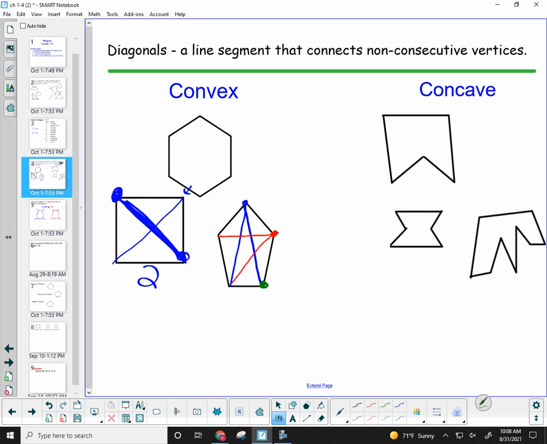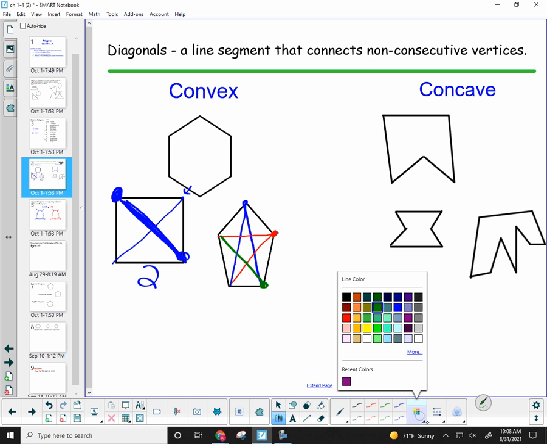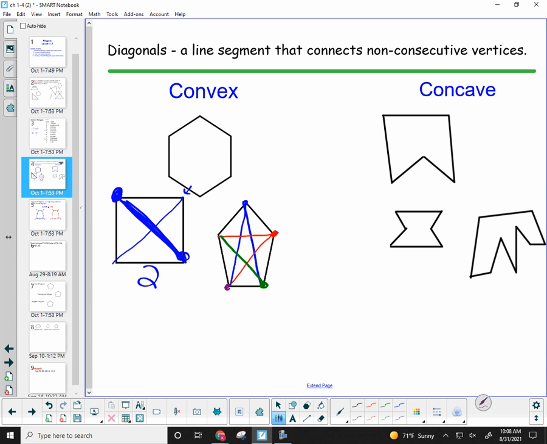I already have one drawn, so I don't need to draw it again. Then I would have this diagonal as well. This vertex should have two diagonals coming out of it. I already have them drawn, right? So how many diagonals are in a pentagon? Should have 5.